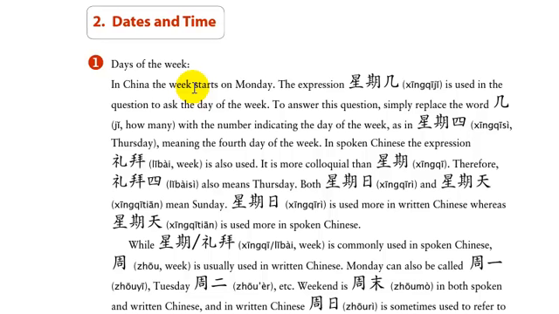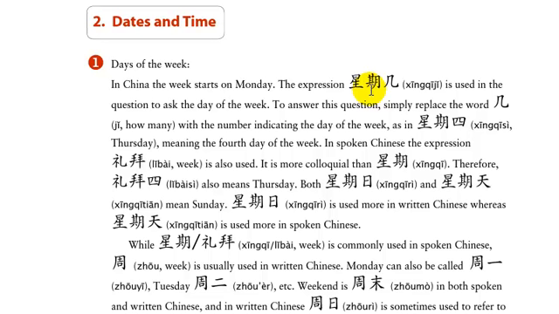All right, dates and times. The Chinese week starts on a Monday, and the expression 星期 is the word for week, and 星期几 is the question used to ask which day of the week it is.